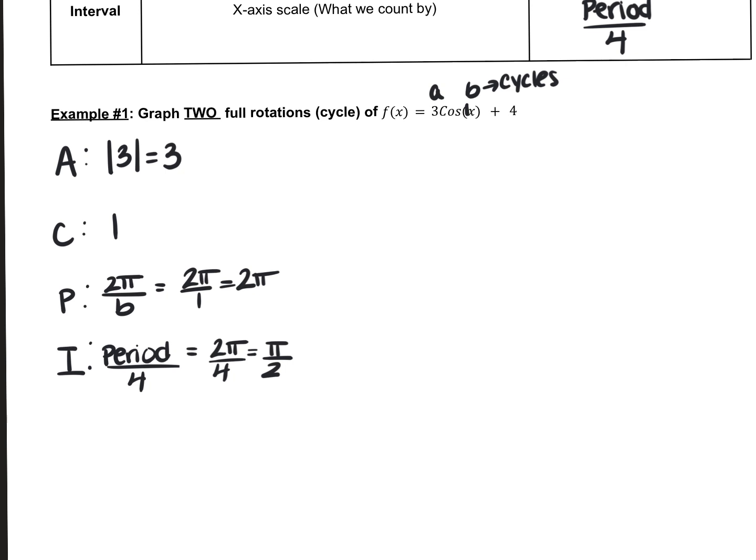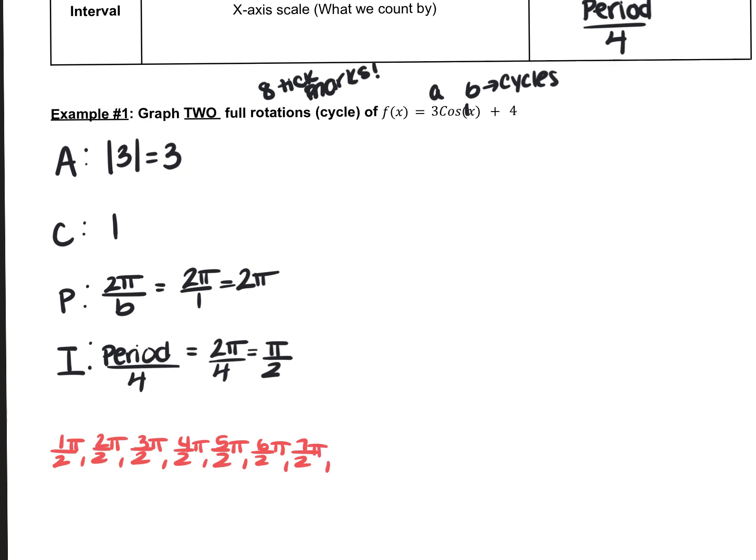So we need to graph 2 full rotations. If you remember from previous videos, that's about 8 tick marks, 4 per rotation. Okay, so let's count. We have 1/2 pi, 2/2 pi, 3/2 pi, 4/2, 5/2, 6/2, 7/2, and 8/2.